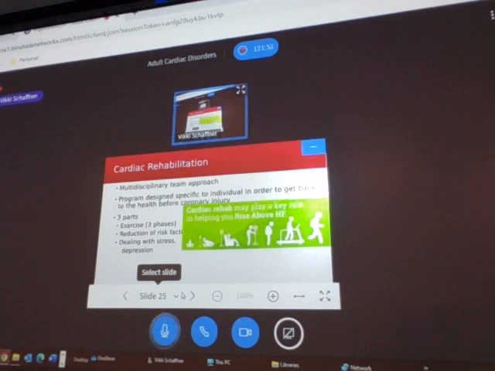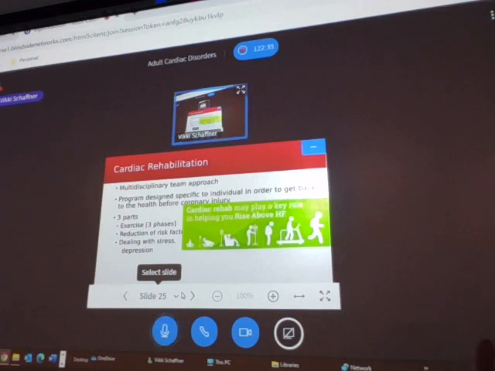So there are 3 parts to cardiac rehabilitation. First of all, this is going to require a multidisciplinary approach, because you're going to have your cardiologist, you are going to have your physical therapist. Depending on the deficits you have physically, you may end up with an occupational therapist, a speech therapist. You may require a pulmonologist. You are going to be dealing with so many more doctors than you did yesterday.